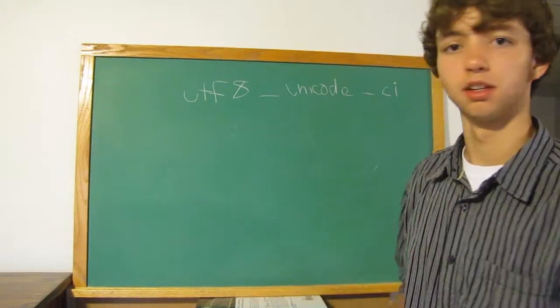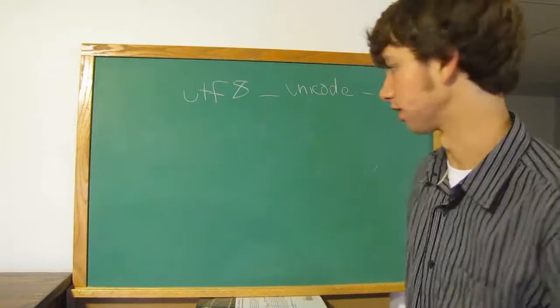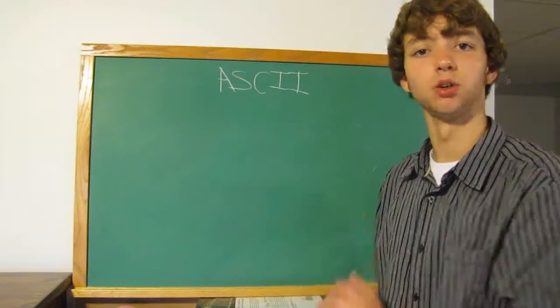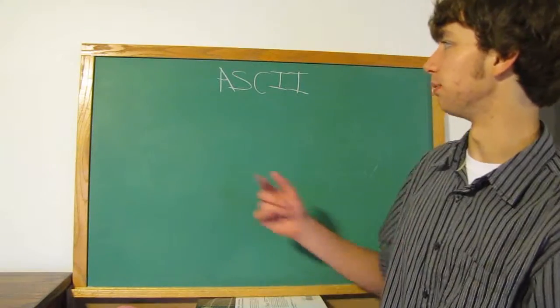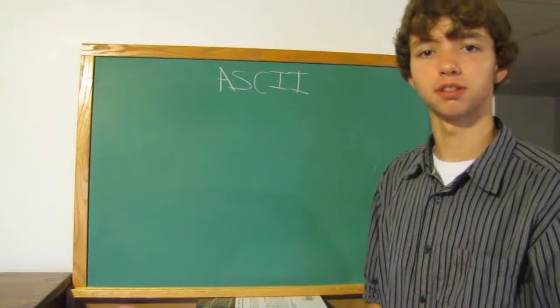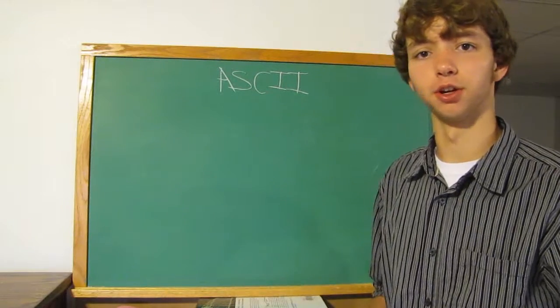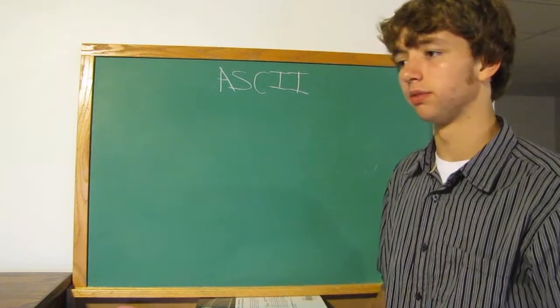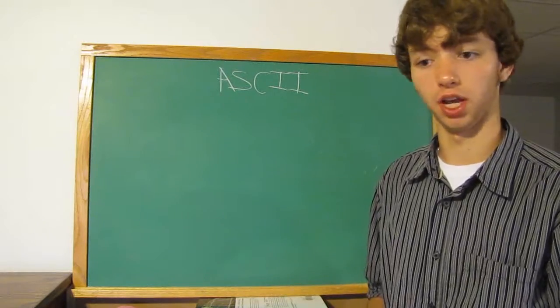I'll go into a little more detail here because I want to say a little bit more about some of these characters. Here we have ASCII, which stands for American Standard Code for Information Interchange, which is basically a character encoding. It allows for 128 characters.